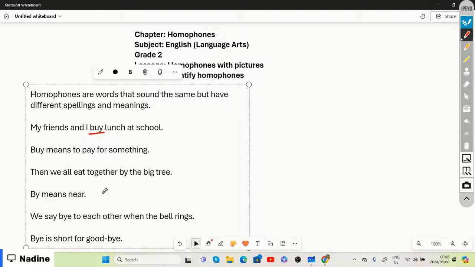Then we have another word: then we all eat together by the big tree.